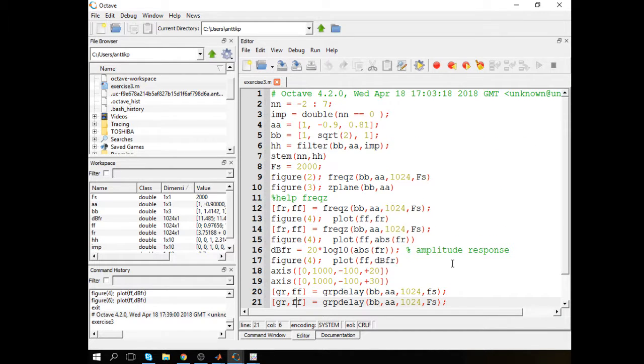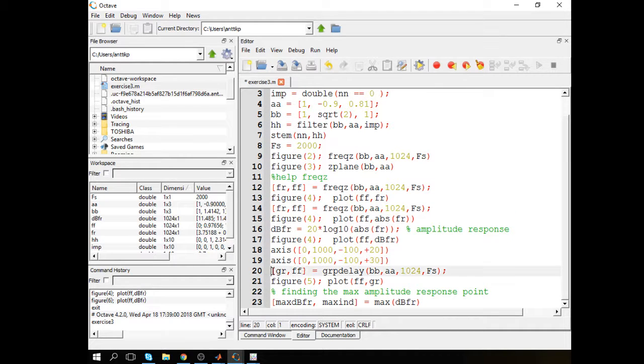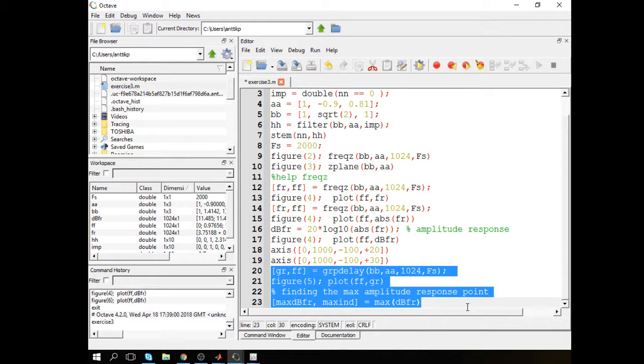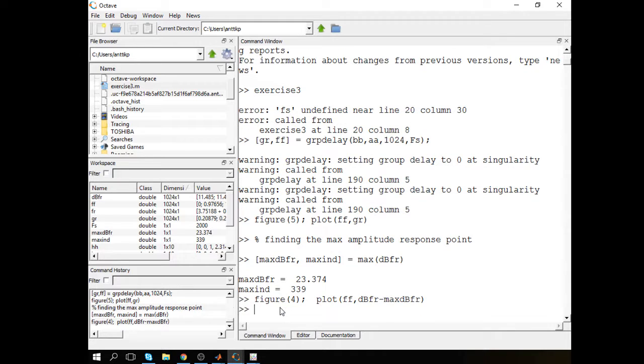Ha! I had one mistake here, of course. Minus max dBFR.